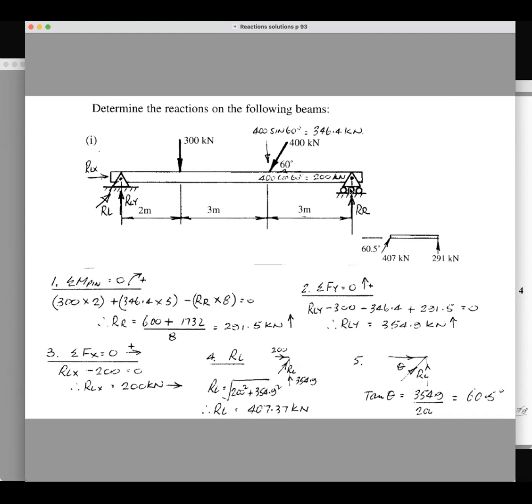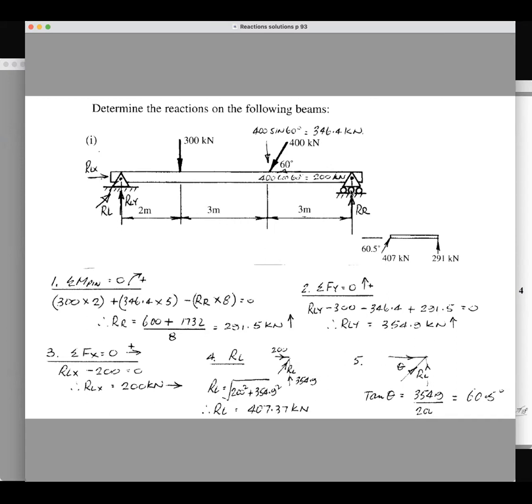And you've got to have a moving reaction to resist the temperature stresses set up by expansion and contraction, and also concrete creep. So this beam should be able to move laterally or horizontally as a result of this sort of reaction here.